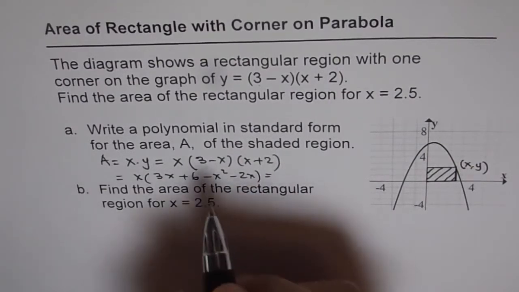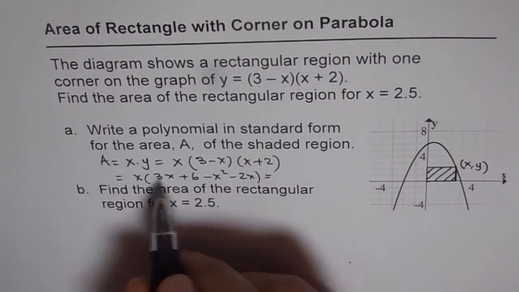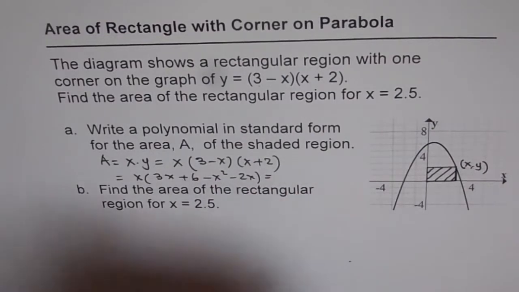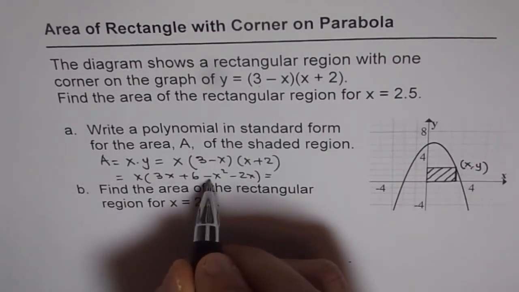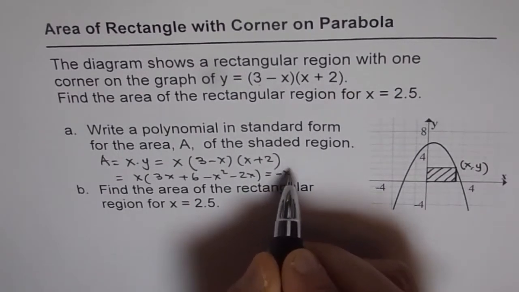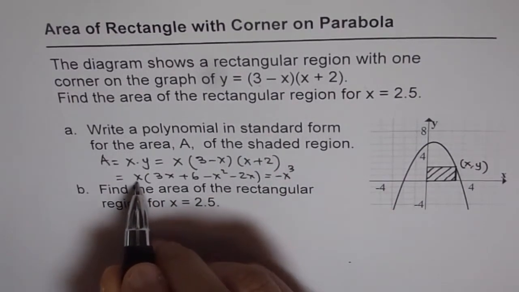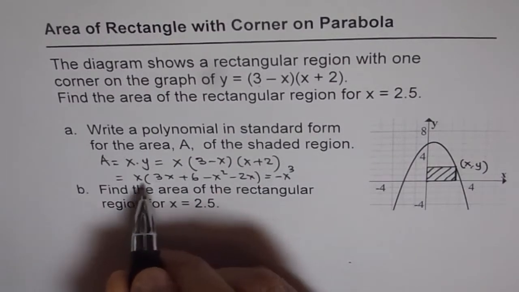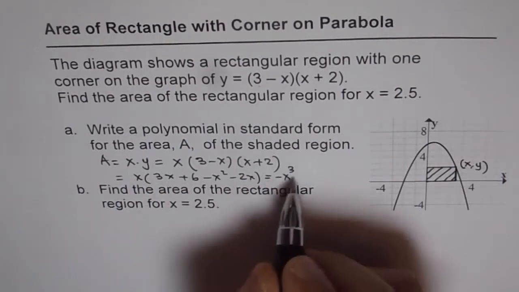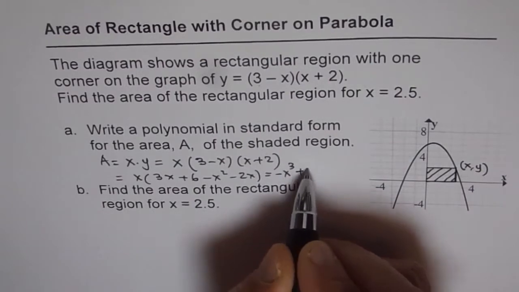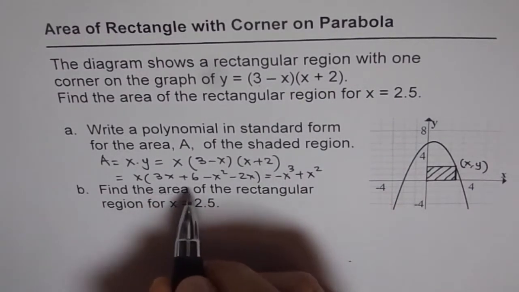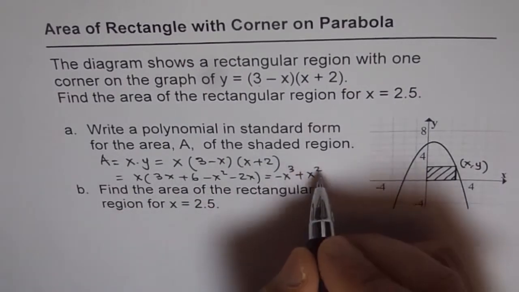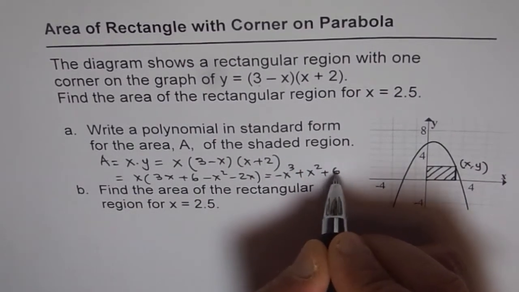We'll arrange the terms in order from highest exponent or degree to lower, right? So x cubed is our highest one, so we'll write minus x cubed first, and then 3x minus 2x is x, and we multiply that x by x, we get x squared, so we get plus x squared. And the constant is 6. 6 times x is plus 6x.